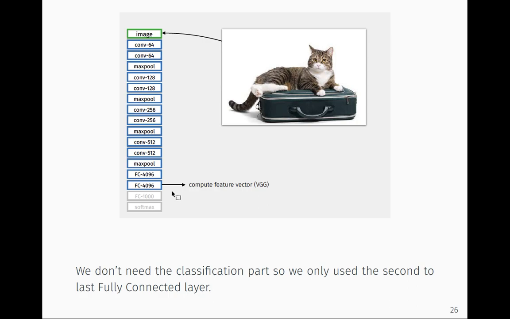And this is a pretty damn good representation of your picture. It's the same way we talked about word embedding. This is an image embedding, okay? So you transform the image into a feature vector, which is of a smaller dimension. In this case, we use VGG for that, and that'll give us a picture embedding, if you want.